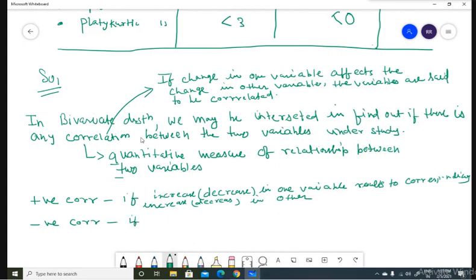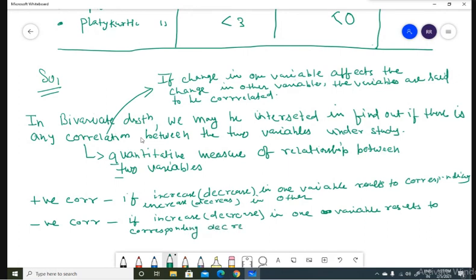Similarly, if increase or decrease in one variable results in a corresponding decrease or increase in the other, it is known as negative correlation.